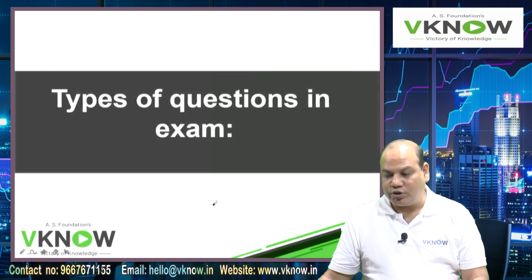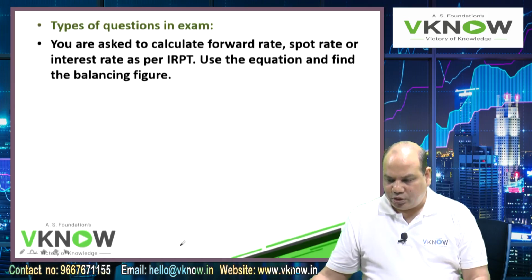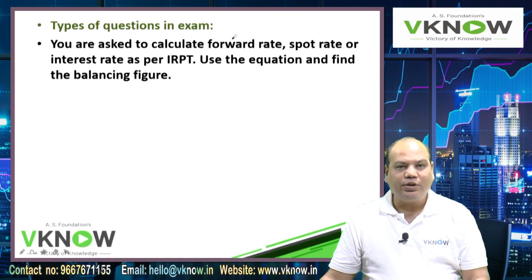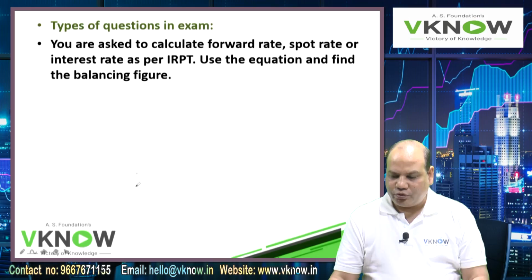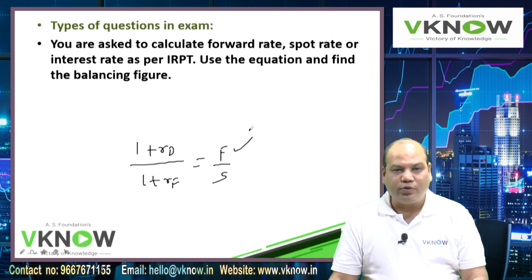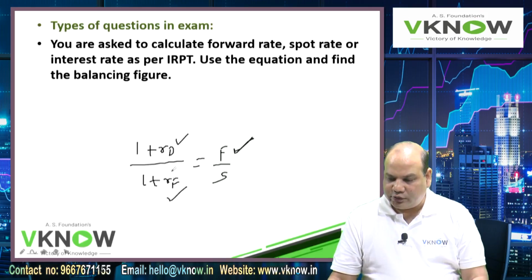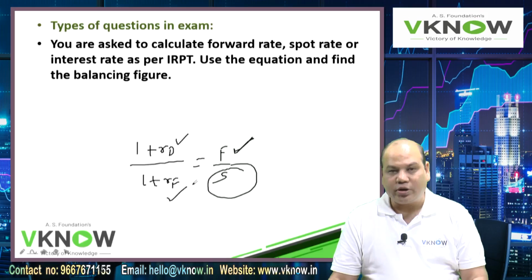What are the questions they ask in the exam relating to IRPT? So first type of question is, they will ask you to calculate the forward rate. So they will give you domestic rate, they will give you foreign rate, and then you will have to apply the formula and find the forward rate. In some question they will give you forward rate and the interest rates in the two countries, and you may be asked to find out spot rate.